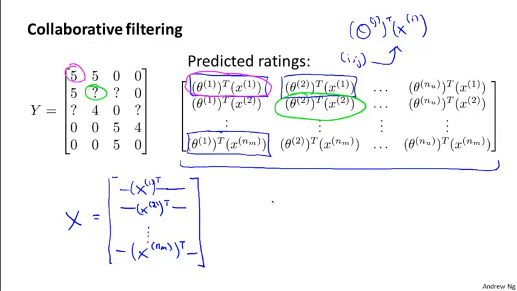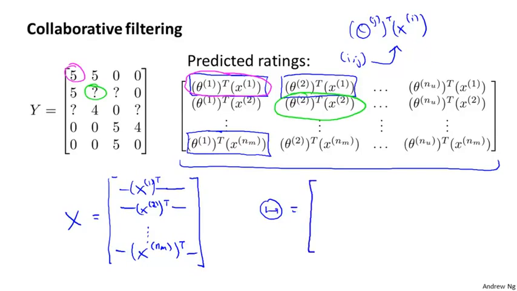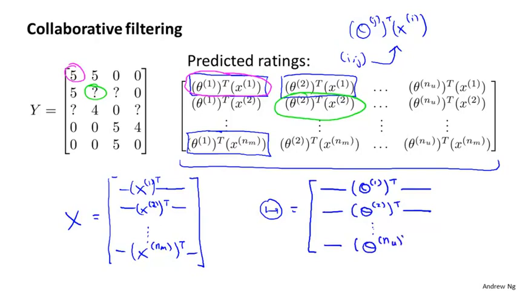And if we also define a matrix capital Theta, I'm going to take each of the per user parameter vectors and stack them in rows like so. So that's theta 1, the parameter vector for the first user, and here's theta 2. And so I have n u parameter vectors all stacked in rows like this to define a matrix capital Theta.